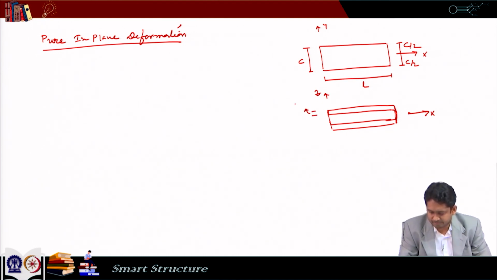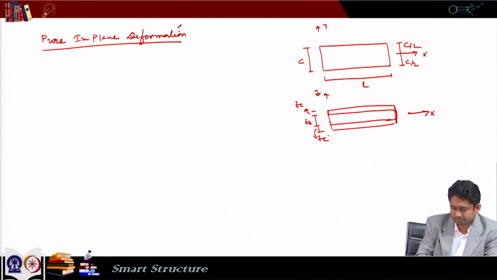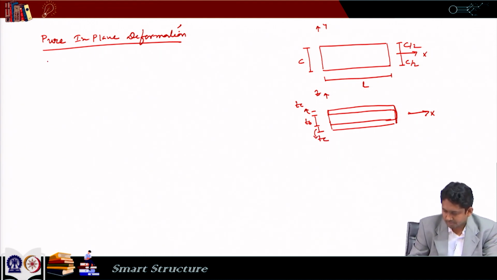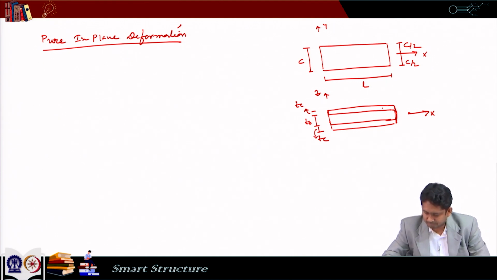This part is Tc, and for the sake of simplicity, let us assume that we have two identical piezoelectric patches of same thickness.